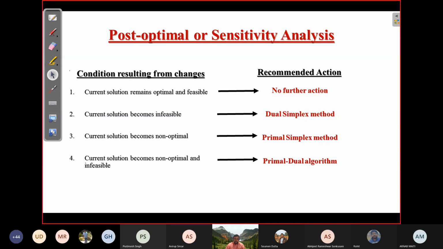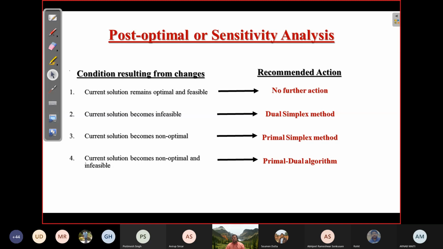We have seen that in the graphical sensitivity analysis, where we gave an example of this interior paint and exterior paint problem, the ready-mix model, if you recall it. We plotted the constraints, the feasible region, the objective, and the optimal solution in the graph.